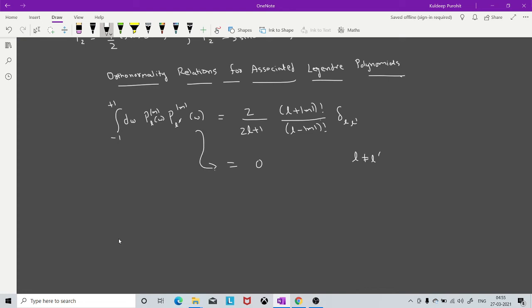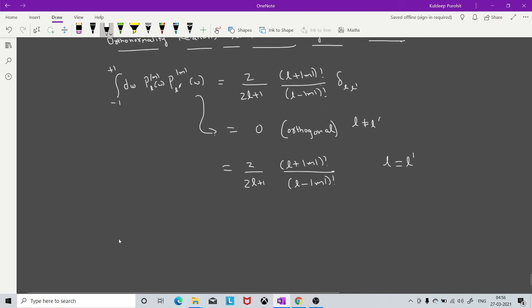So you can say that these are orthogonal. This is the main criteria for a valid wave function. Now when l is equal to l prime, we get 2 upon 2l plus 1 times l plus mod of m factorial divided by l minus mod of m factorial.